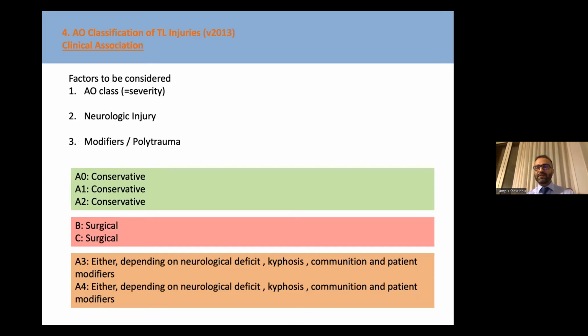And then we have this gray zone of the A3 and A4 fractures, where you can treat either way, depending on the neurological deficit. I remind you that this is a classification system that takes the neurological deficit into account, the degree of kyphosis and the comminution.